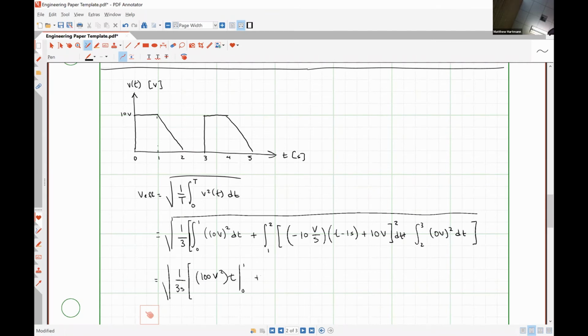This guy in the middle here is going to take a little bit of doing. So let's play around up here real quick. I have negative 10 times (t minus 1) plus 10. That's the same as negative 10t plus 10 plus 10, which is negative 10t plus 20. Everybody okay with that?